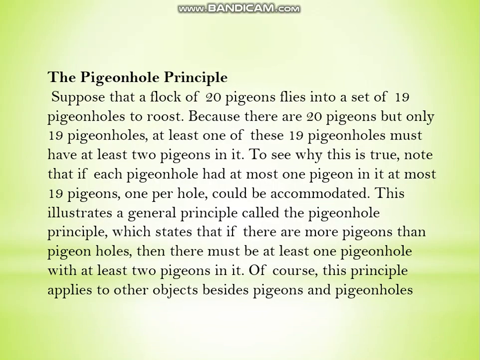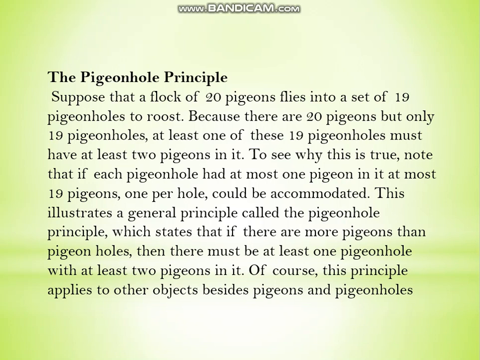The pigeonhole principle. Suppose that a flock of 20 pigeons flies into a set of 19 pigeonholes to roost. Since there are only 20 pigeons and 19 pigeonholes, at least one of these 19 pigeonholes must have at least 2 pigeons in it. To see why this is true, note that each pigeonhole had at most 1 pigeon in it, right?